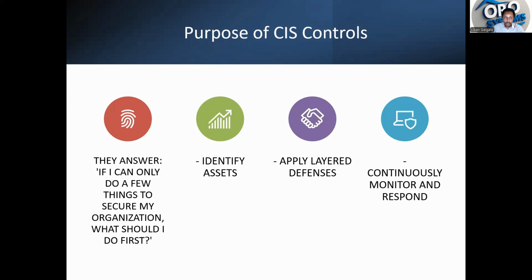That's what we're going to look into. Second, it identifies assets. That's one important part of it, and that's the main focus of the CIS control. It applies layered defense, layer by layer. They continuously monitor and respond. That's another focus of the CIS control.